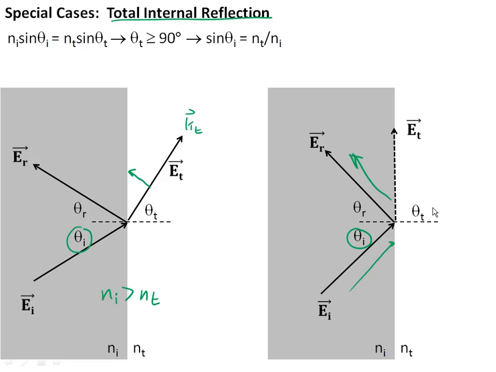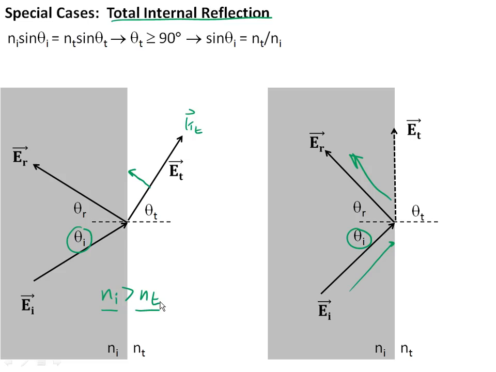You're going to get 100% reflection of the radiation, and there's going to be no propagating radiation that goes out. This is called total internal reflection for the obvious reason that the total amount of the radiation gets reflected from the surface, going from a material of higher index into lower index. The place this is most commonly used is in optical fibers, because this is what keeps the light inside fibers to go very, very long distances.